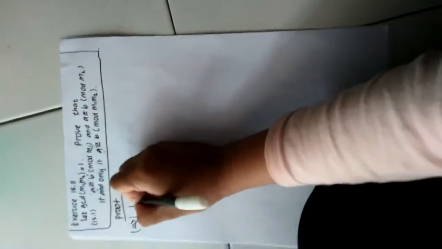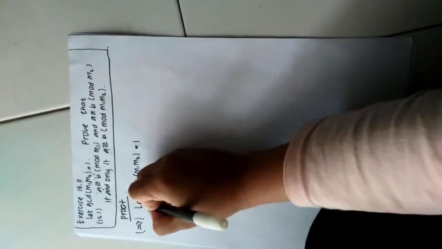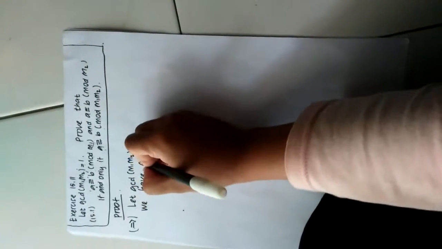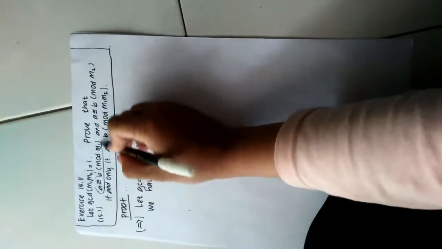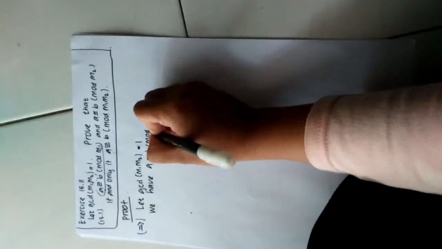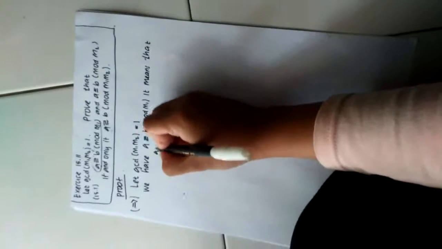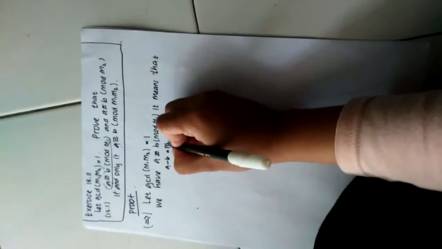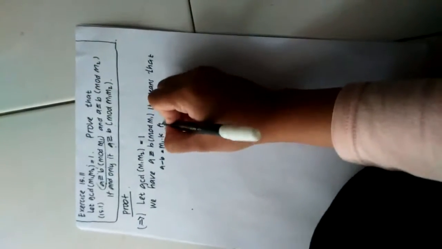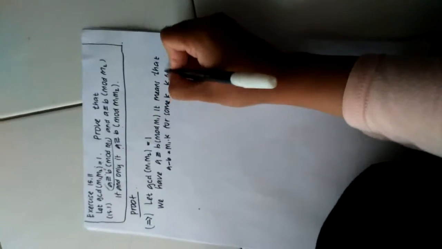So, let gcd(m1, m2) = 1. We have a ≡ b mod m1. It means that a − b = m1 times k for some k, and k in integers.